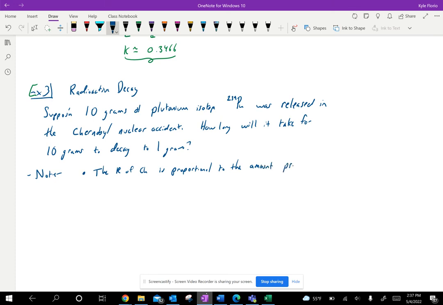So we'll call that y. Radioactive decay is measured in half-life. And what does that mean? That means that's how many years for half the atoms to decay.